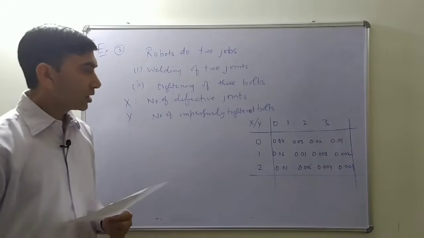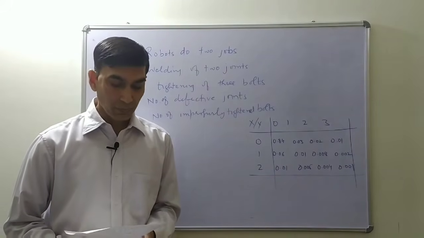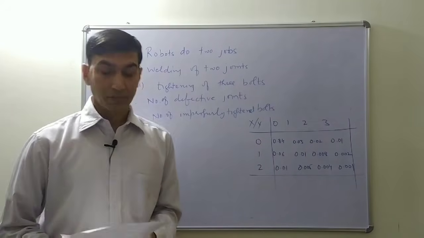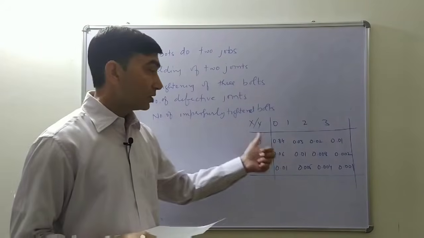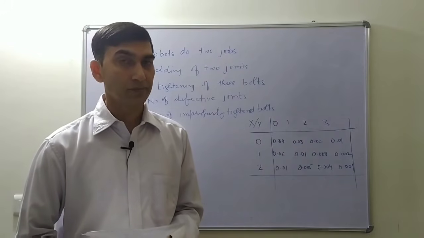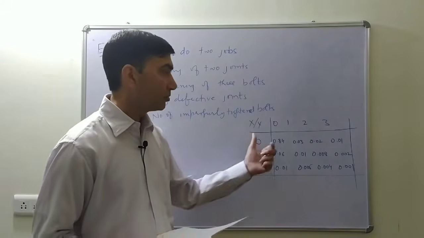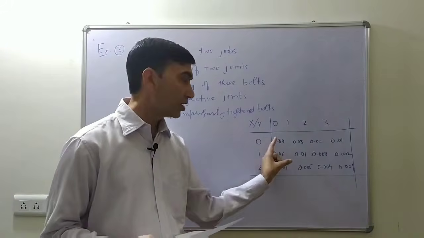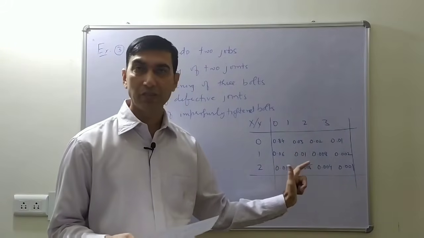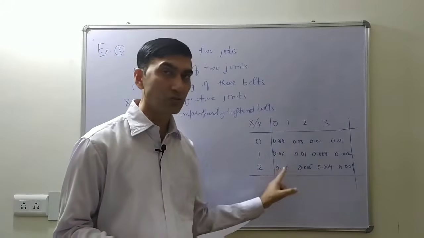So this is the table for fxy in this problem. This is given to you. Now the first question is whether this is PMF of xy. How to check whether it is a PMF of xy? It's very simple. Just add all these values. If you are getting 1, it's PMF. So you can check sum of all these values is 1.